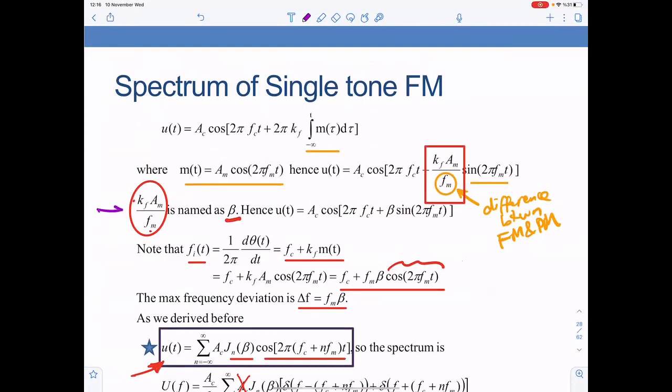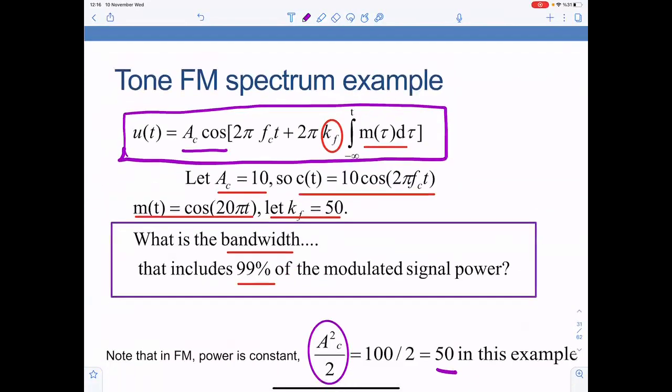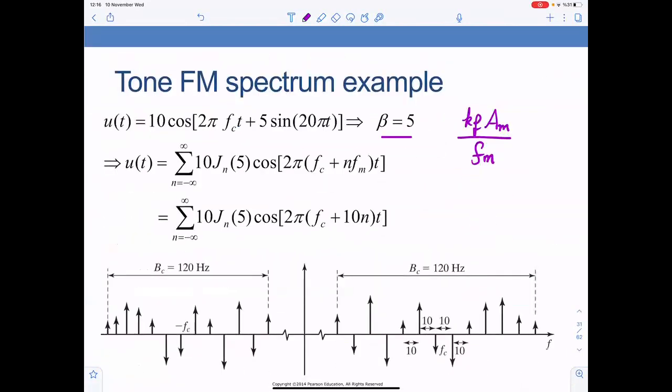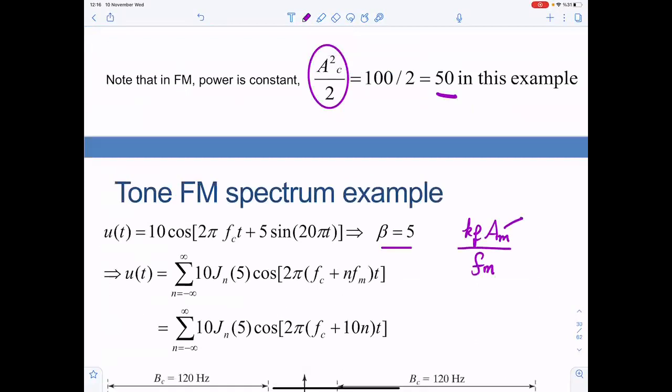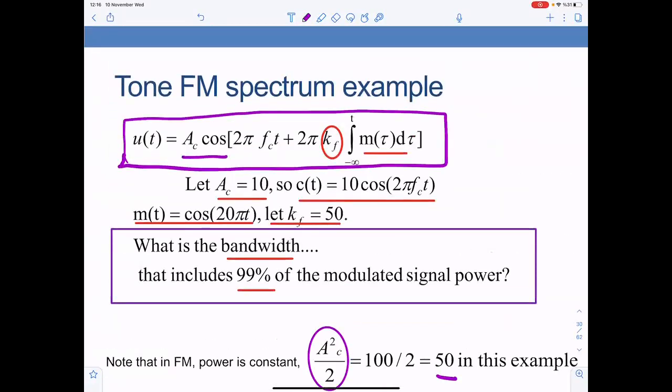Let's compute the beta for this example. KF, well, AM was specified as 1, I believe. Let's see. Yes.